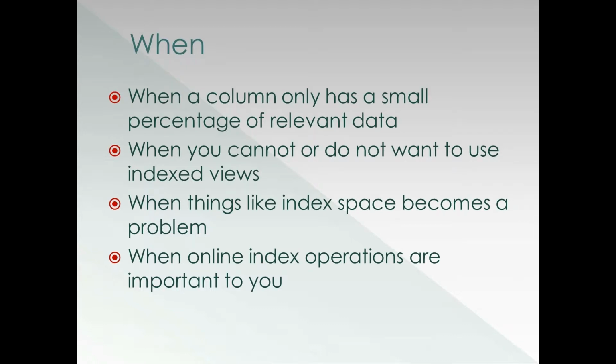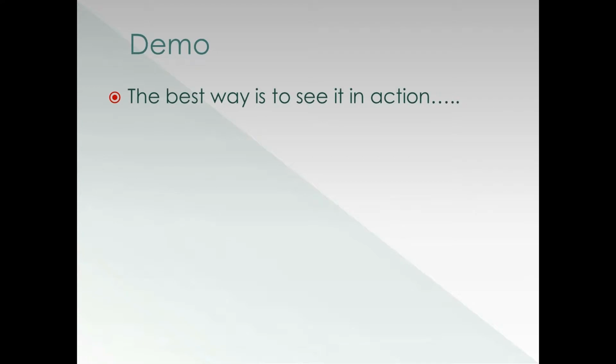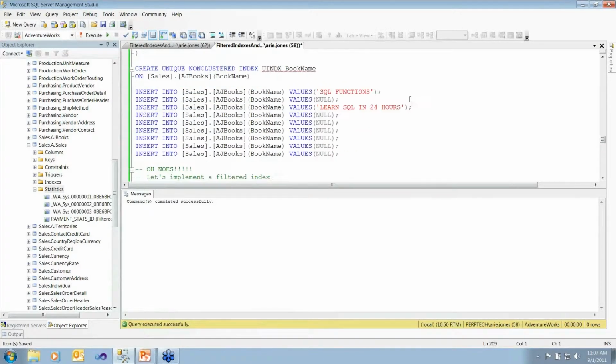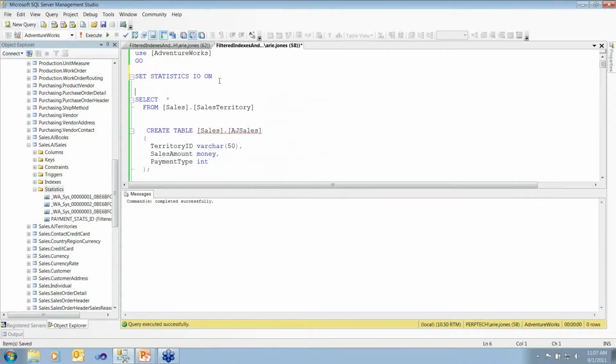Okay. So let's go ahead and switch over and see some stuff. Let me just scroll up here. What we've got here is that I'm using the AdventureWorks database, and I'm creating a couple of tables. I'm setting statistics on so that we can view some statistics to see what's happening, and I have the execution plan tab turned on so that we can view that.